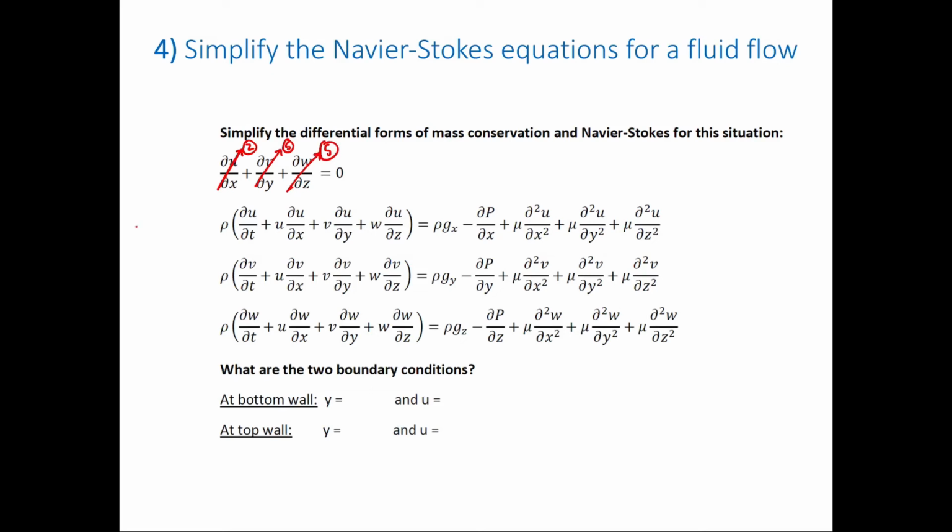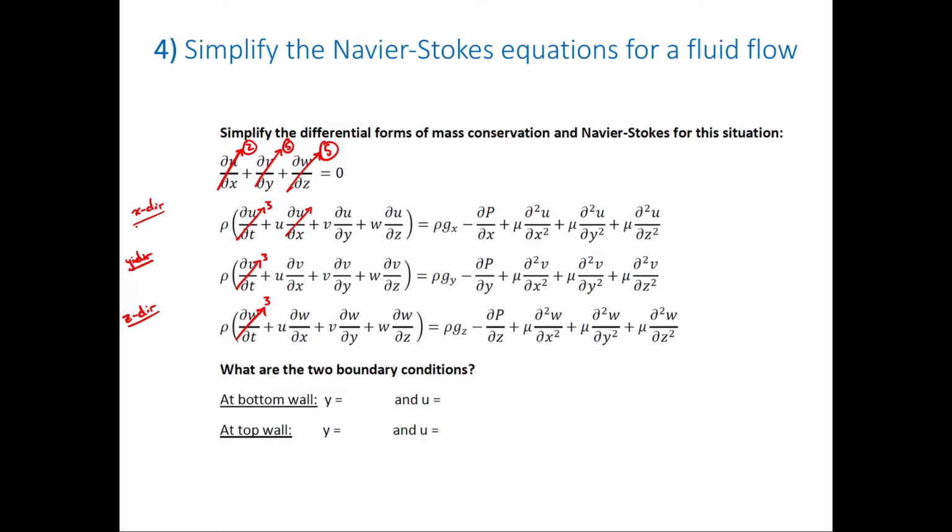So then we're dealing with our x, y, and z directions of the Navier-Stokes equations. So we have our x direction, y direction, and our z direction. We said it was steady state. Everything with respect to time is going to get canceled out, and that's from assumption 3.